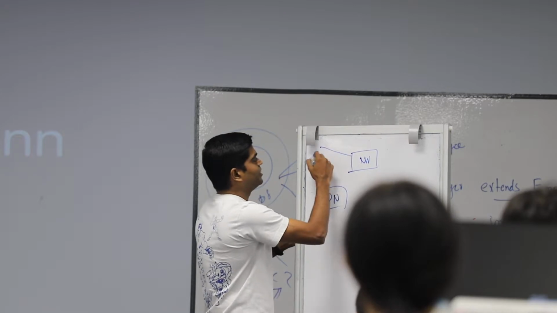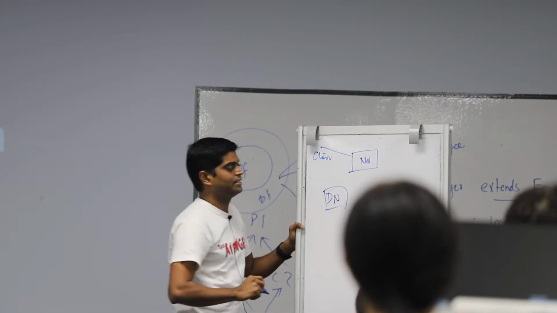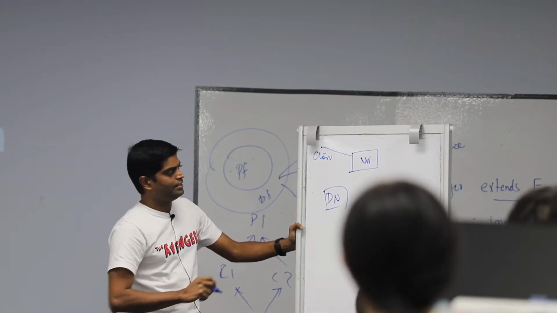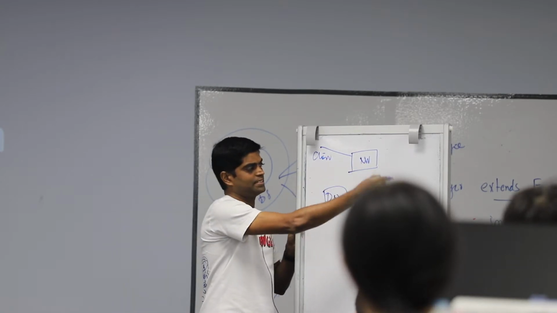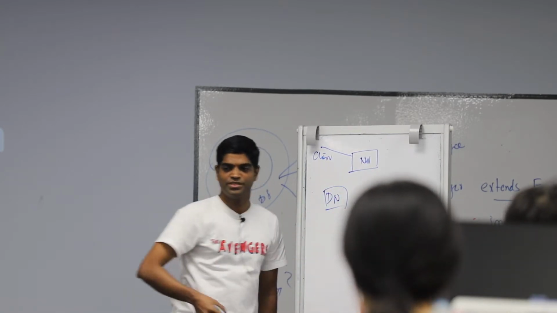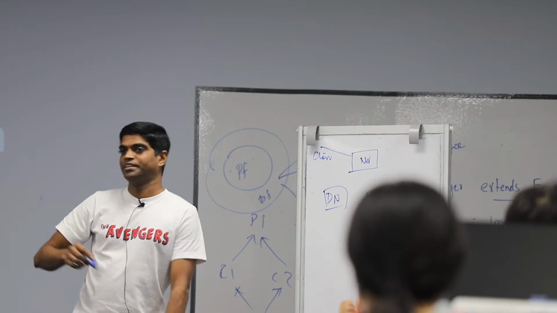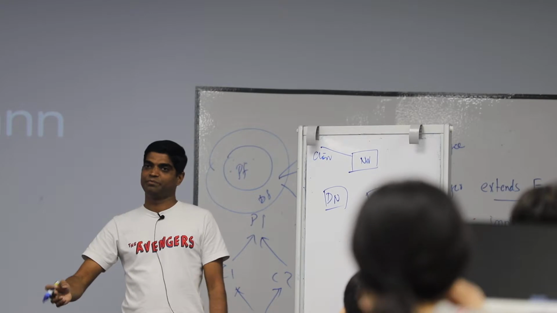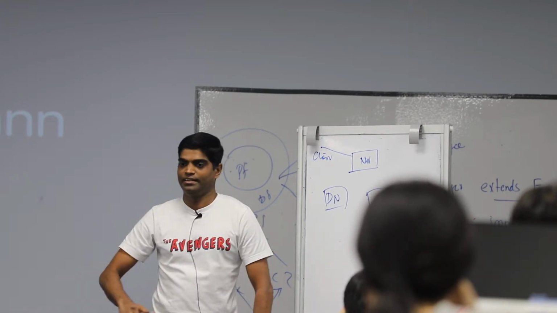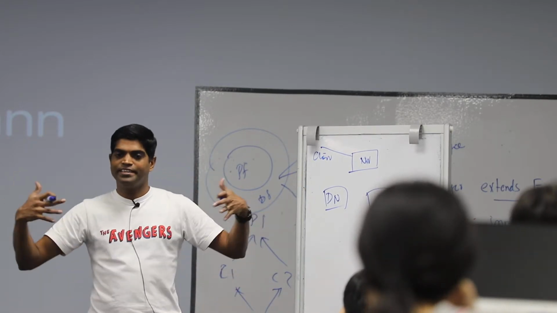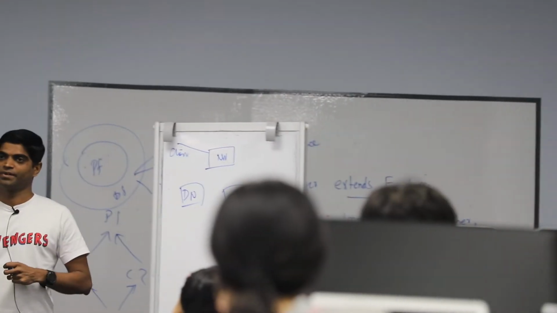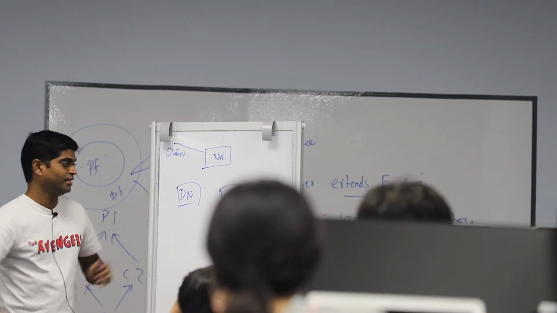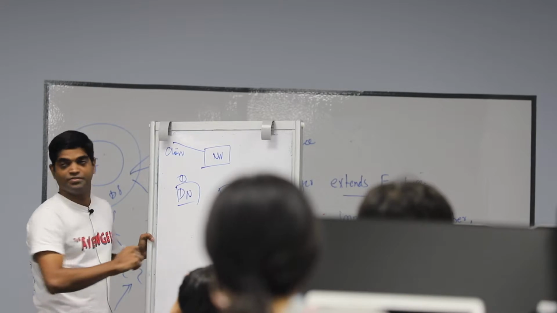When you're copying from the client, the name node first chooses these data nodes randomly. When I say random, it also takes into consideration the computation running on the machine as well as the storage it has. So out of all the candidates, it just picks one at random. Assume that this is the machine which is chosen.